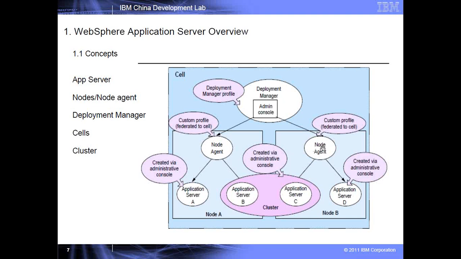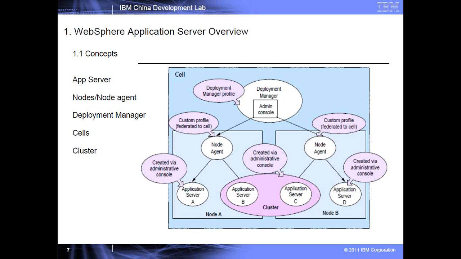So the node agent handles communication between the application server and the deployment manager. If the node agent is broken, there is no communication between the deployment manager and your application server.